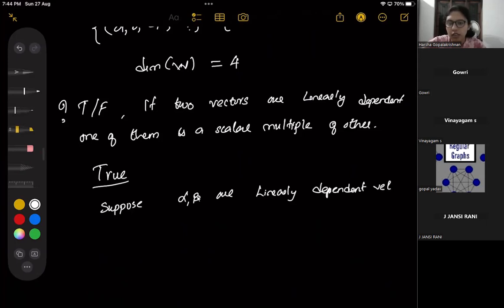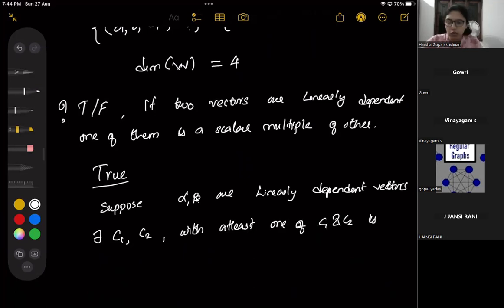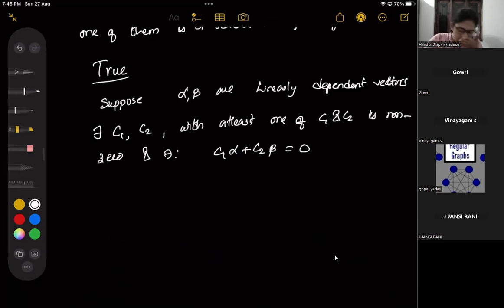There exist C1 and C2 with at least one of C1 and C2 non-zero, that is either C1 or C2 or both non-zero, such that C1 alpha plus C2 beta equal to 0. So we have 2 possibilities.